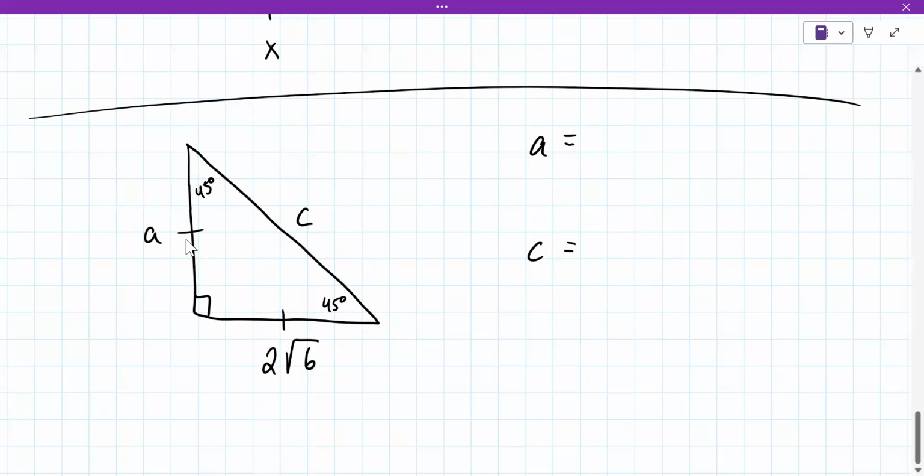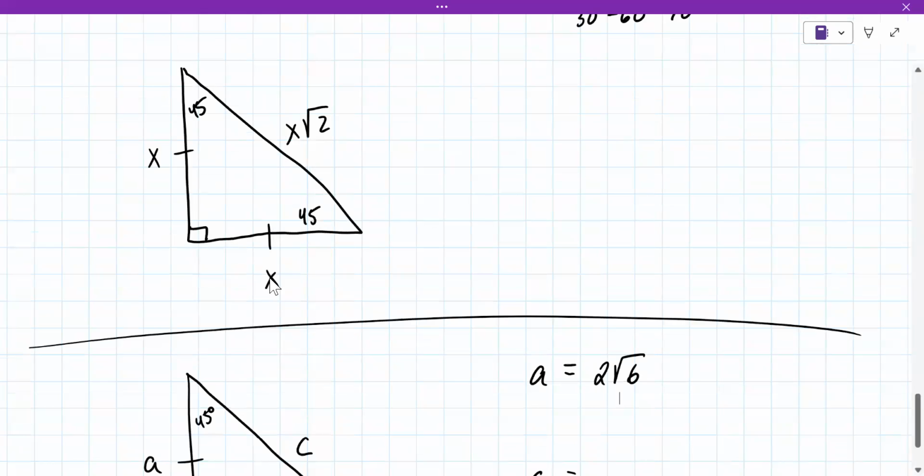So the two legs are the same, absolutely the same. So then A would just be 2 root 6. C is a little bit more difficult. If you recall from the reference triangle, you take the leg and you multiply by the square root of 2 to get the hypotenuse.